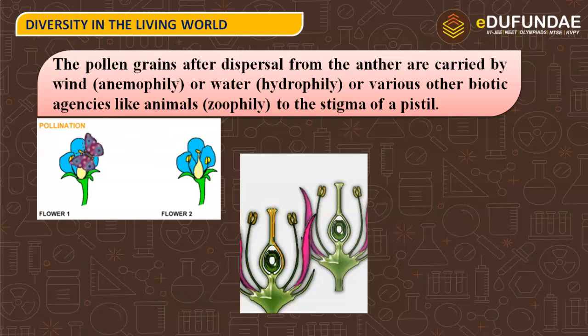And here we see that when the pollen grains come in contact with the stigma, they will form the pollen tube. So here the pollen grain falls and the stigma is leading to the production of the further pollen tubes. Through this pollen tube, the male gametes will enter inside the ovary.